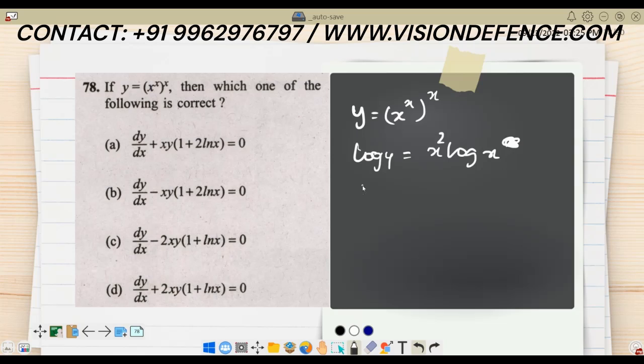Now we want to differentiate: 1 by y times y dash is equal to, we are going to differentiate this x square log x, keeping the x square constant and differentiating log x, plus keeping the log x constant, the derivative of x square is 2x.